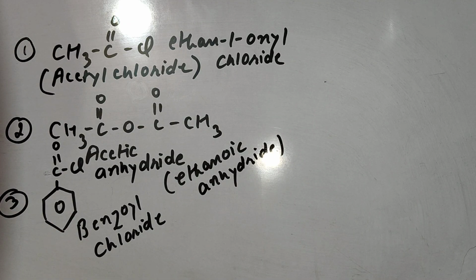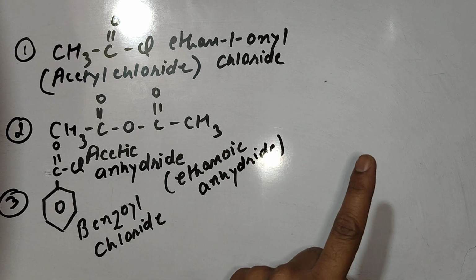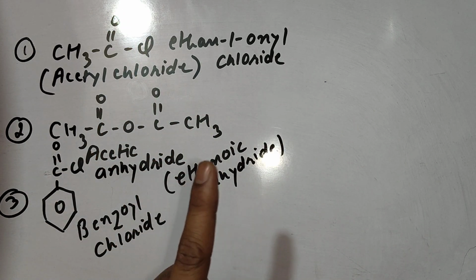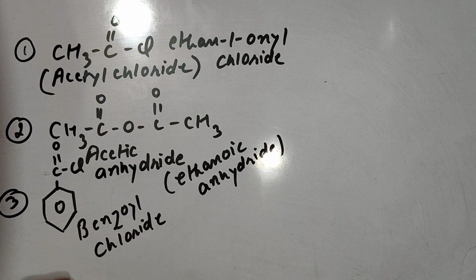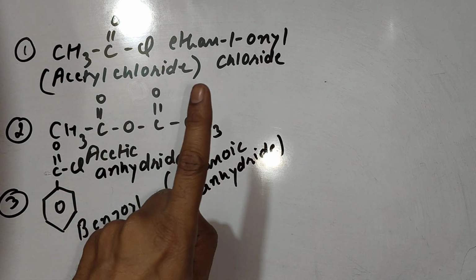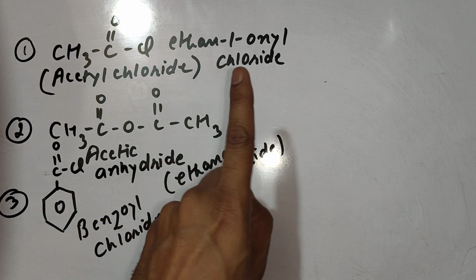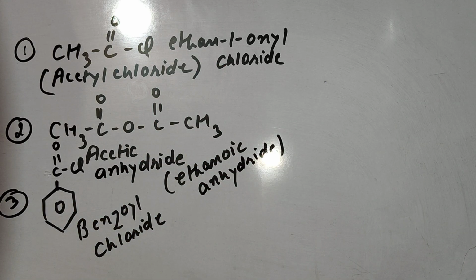So these three compounds are going to react with phenol, and when phenol reacts with these three compounds, phenol will show acidic behavior. Up to 12th level, first I will tell you a simple technique by which you can solve the reactions and prepare the products.